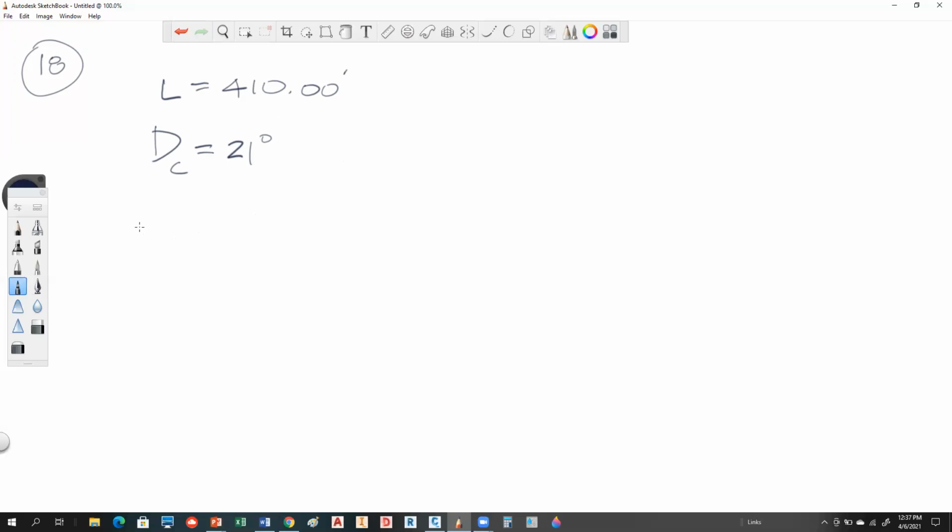Also tells me that the PI station is equal to 155+75.42. Wants to know what delta is. Okay. So who can tell me how we solve this? This one's real simple.